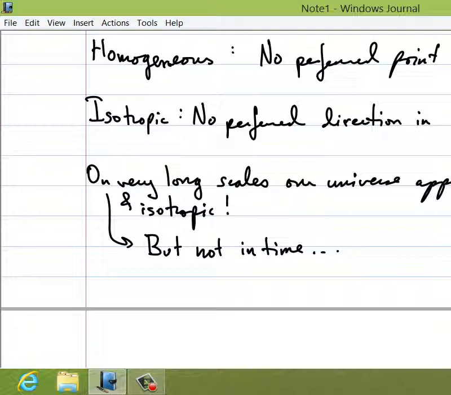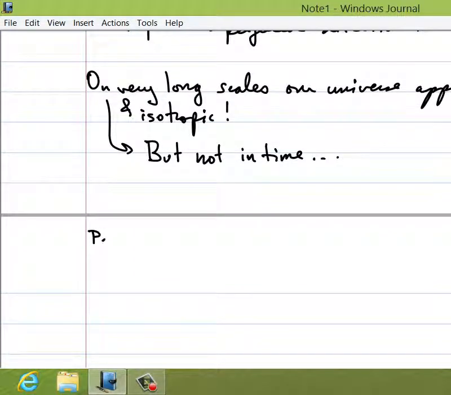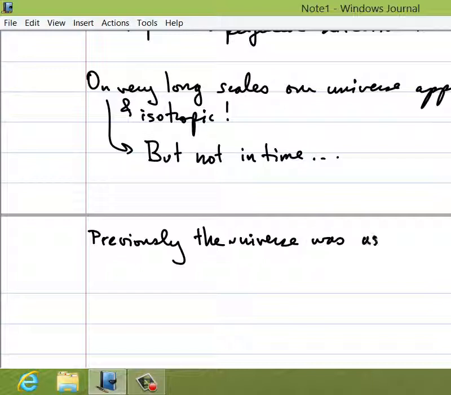And in fact, that realization came as a quite significant surprise to physicists and cosmologists in the early 20th century, because until this point, the universe was assumed, for no particularly good reason, to be static.